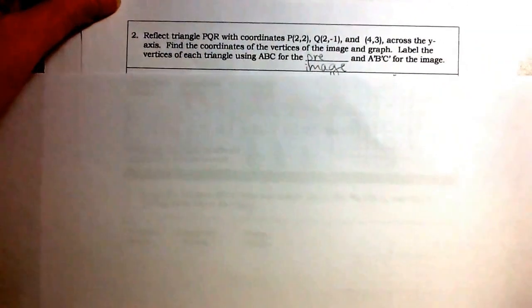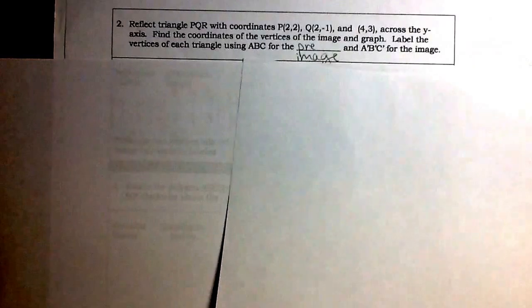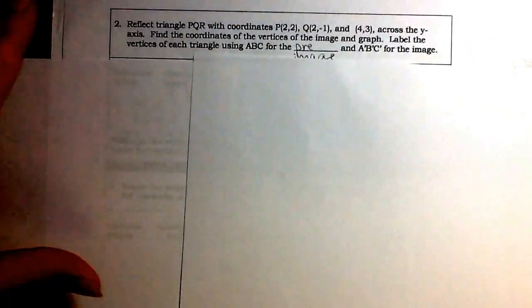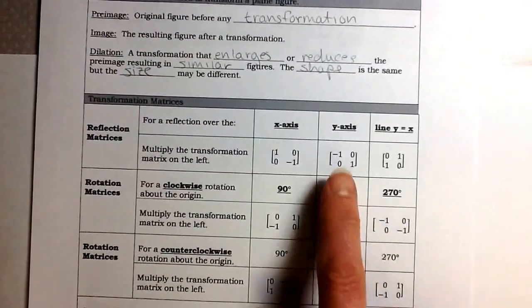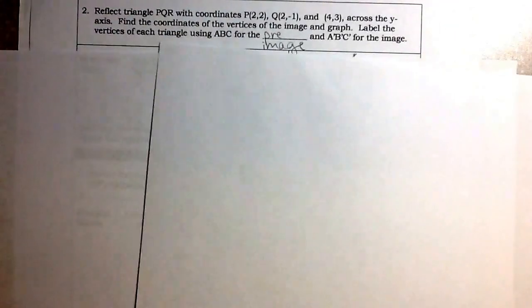We want to reflect the triangle PQR, and here are the coordinates, and we're going to label the pre-image ABC and the image A prime, B prime, C prime. All right, so again, we need to have a coordinate matrix, but this time, because we're reflecting, we need to multiply by a reflection matrix. We're reflecting over the y, so we're going to use this matrix here. That needs to be listed on the left-hand side.